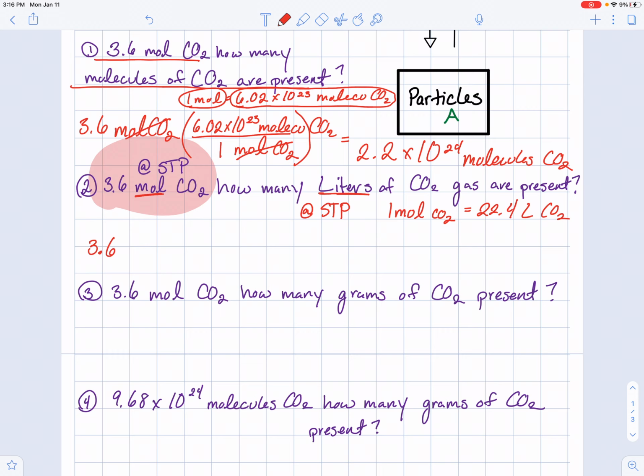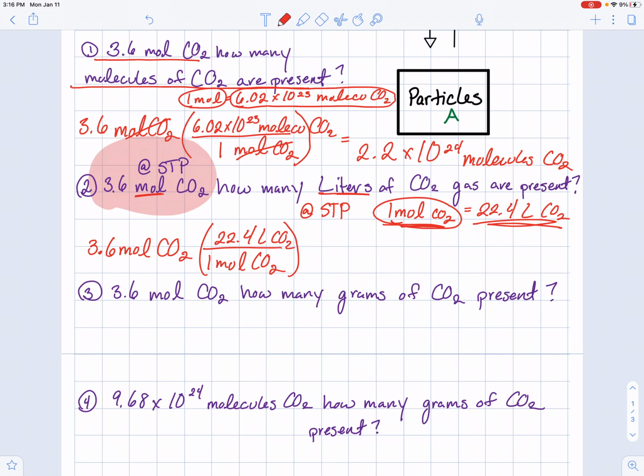So I'll set up my conversion by starting with my given. So I'll write 3.6 moles of CO2. I'm going to use my conversion factor, and I want to get out of the unit of moles. So that is the value I'm going to put on the bottom. So 1 mole of CO2 is equivalent to 22.4 liters of CO2, and I want to be in liters, so I'm going to put liters on top.